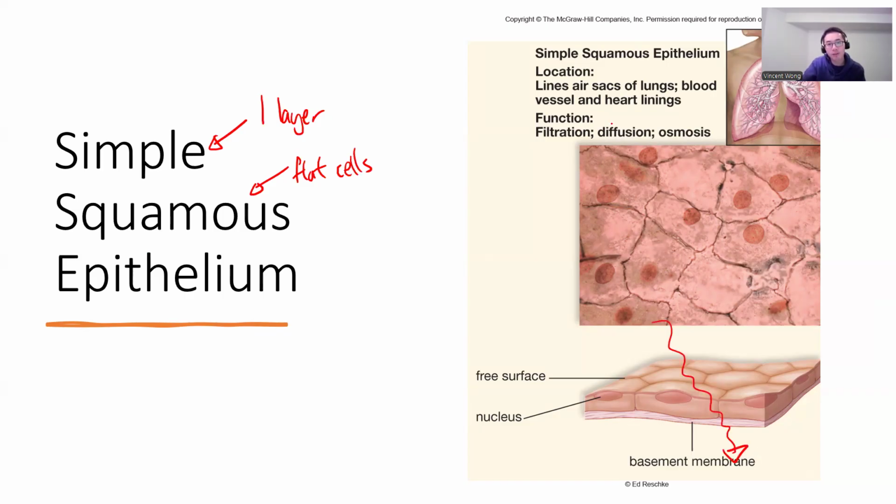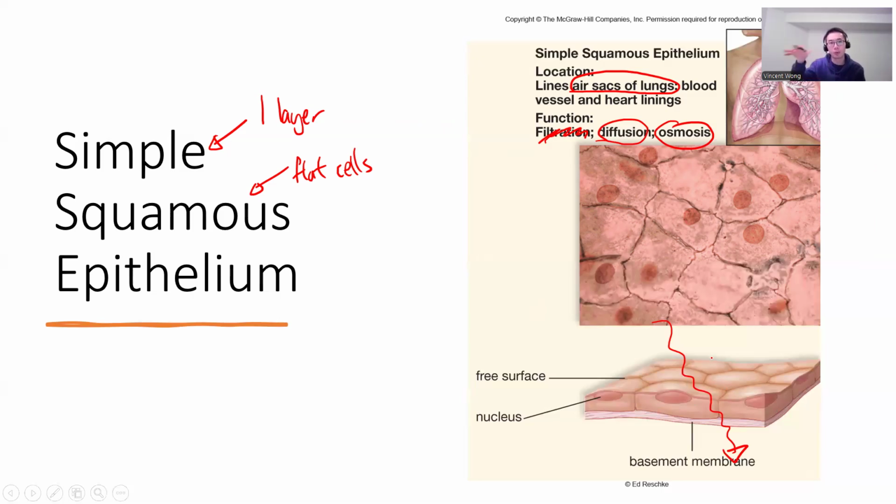And so it's perfect for things like diffusion and osmosis. Never mind filtration, don't worry about it, okay? So where do we want diffusion to occur? At the lungs, the air sacs of the lungs. When we breathe in oxygen, we want it to be able to cross the tissue in the lungs and go into the bloodstream. Right? So we want simple squamous there.